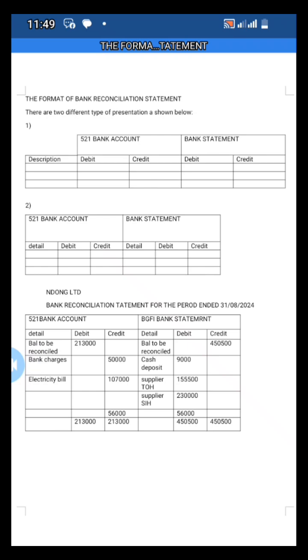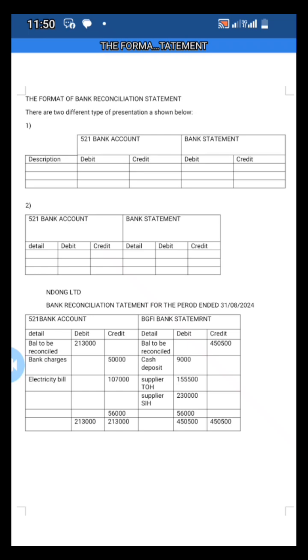So I started with presenting the format of a bank reconciliation statement. Actually, there are two ways of presenting the bank reconciliation statement, as you can see here. The first way is where you have the description, and then the bank account and the bank statement, under which, of course, you have the debit and the credit respectively.